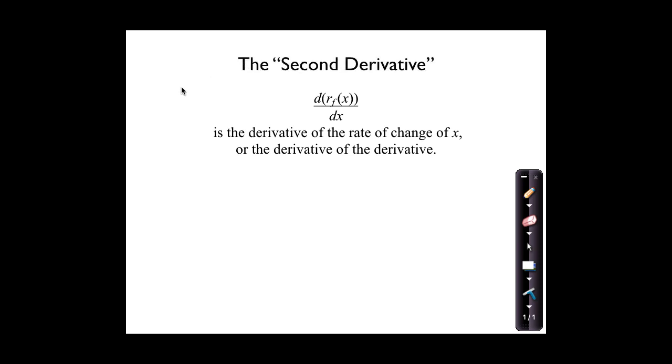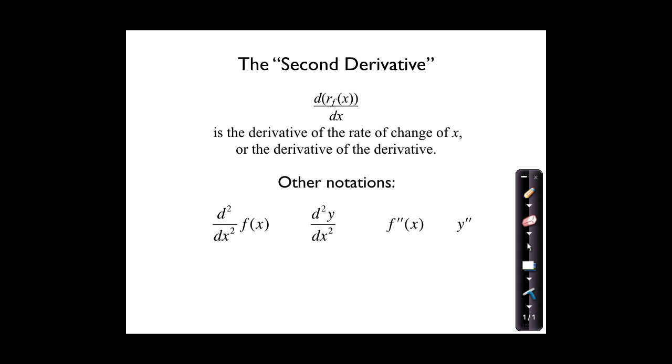But this second derivative, no new rules, has some new notations just because, well, that looks a little weird. I can take the changes in my rate of change function with respect to x, some other notations, the prime notation.